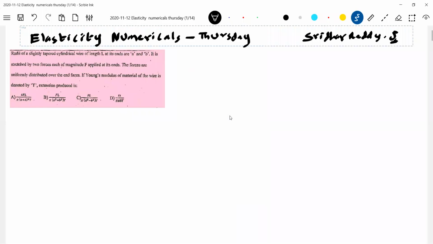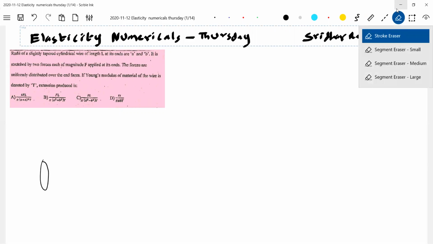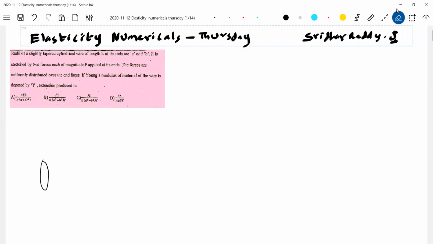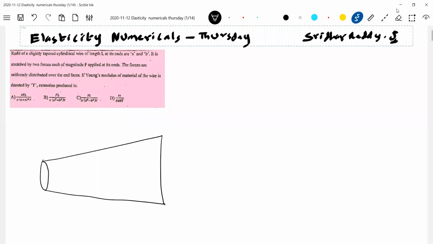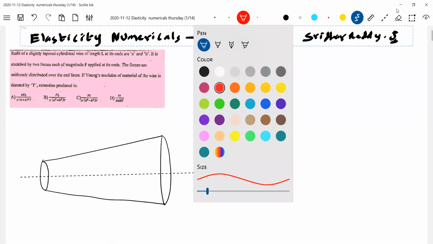I'll draw the diagram here. This is the question. What do you mean by a tapered cylindrical wire whose radius will be varying? There's one truncated cone, a tapered wire, both are the same. Intentionally I didn't give a diagram, so students should know the meaning of a tapered cylindrical wire here. That's the main purpose. Okay, fine.